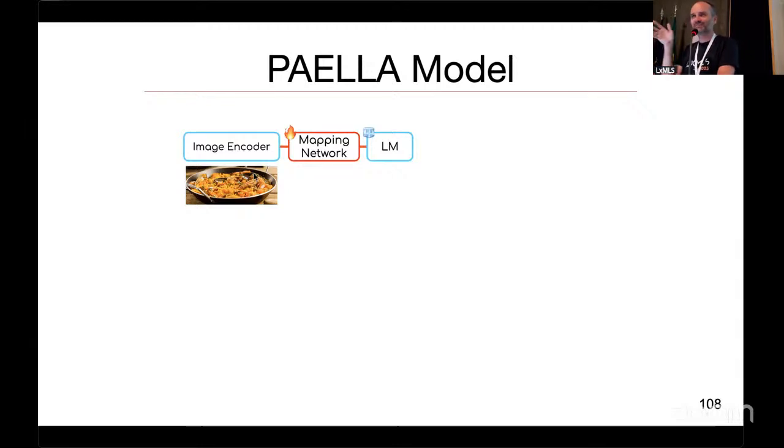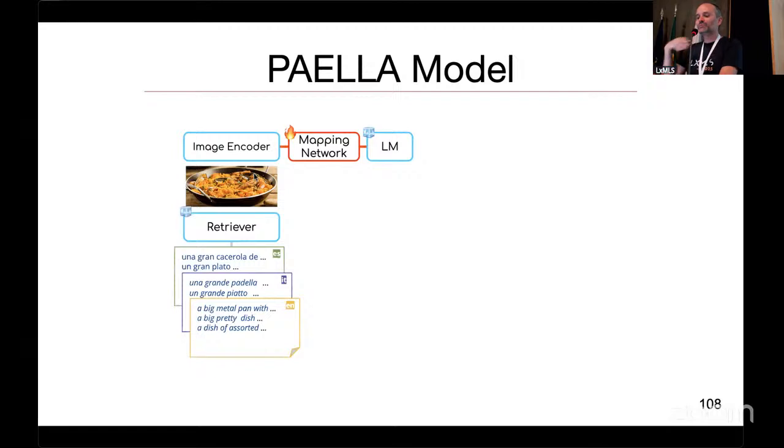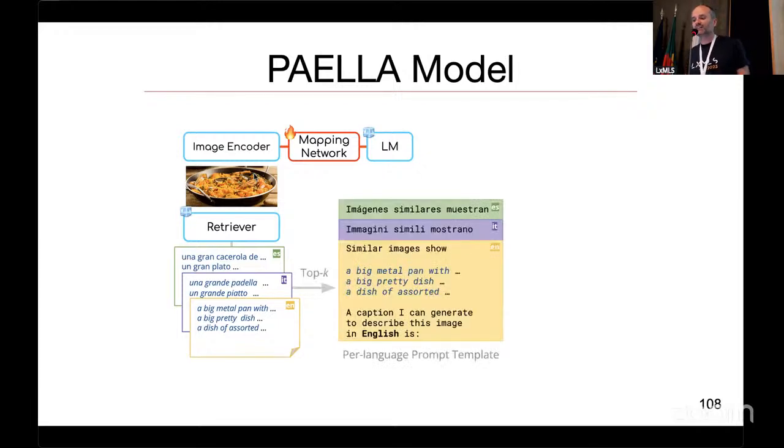Like I said, for the standard approach for training VLMs, we had an image encoder, a language model, and a mapping network. Then given an image, we had a retrieval system that would look in a database of image captions in many different languages to find sentences that would describe this image, so that the model wouldn't be relying just on its in-weights representation. Then we took the top K retrieved examples and filled these into a template which would guide the model to produce outputs.